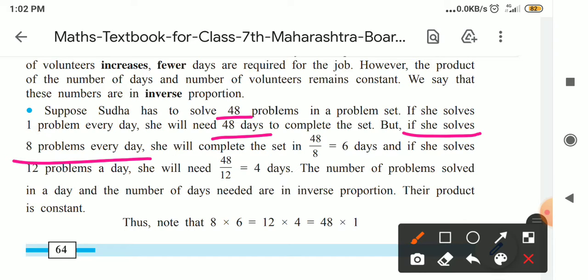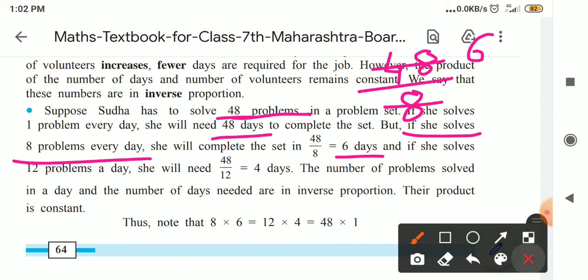One day 8 problems. The number of problems is constant. So how many days will you require? Number of problems divided by number of problems per day. 8 ones are 8, 8 sixes are 48. So when she solves 8 problems every day, she will take 6 days to complete that problem set.